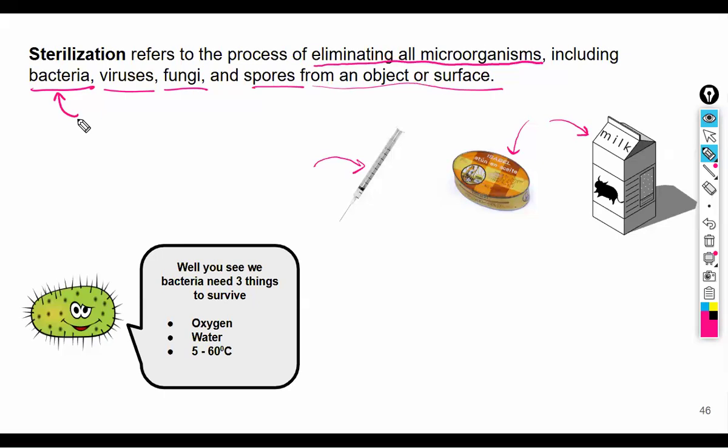Before we can understand sterilization, we need to understand what makes bacteria live, and we did this a few weeks ago. For bacteria to live, it needs three things: oxygen, water, and a good temperature. Bacteria tends to live between 5 to 60 degrees Celsius.